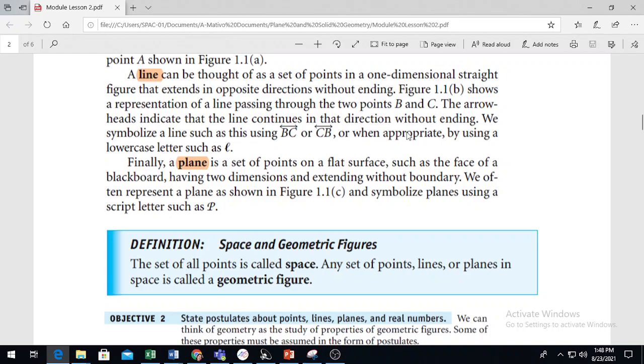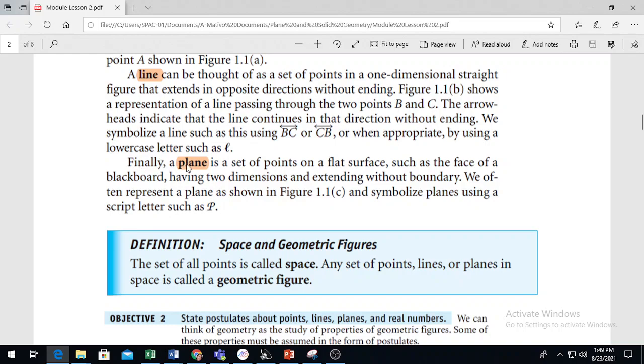When appropriate, you can use a lowercase letter such as l. So if you are not confident using this, or you don't like to have many letters or symbols in your presentation, you can use lowercase letters, written in this way.